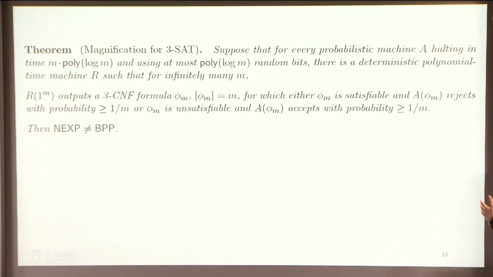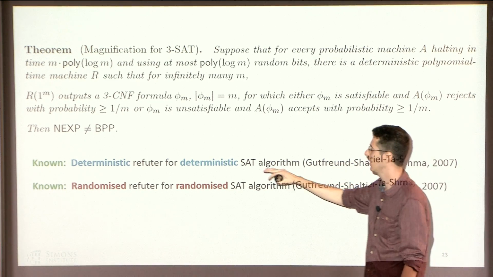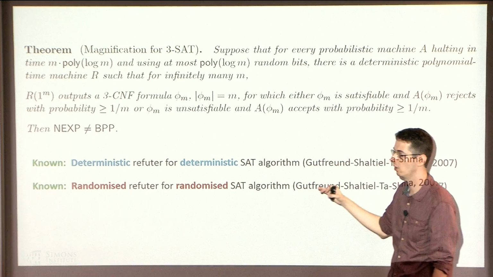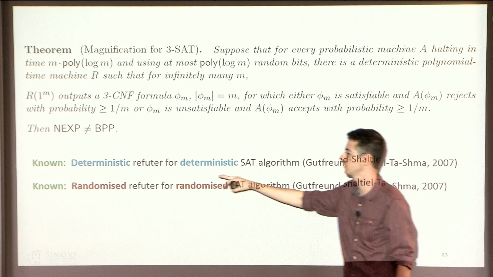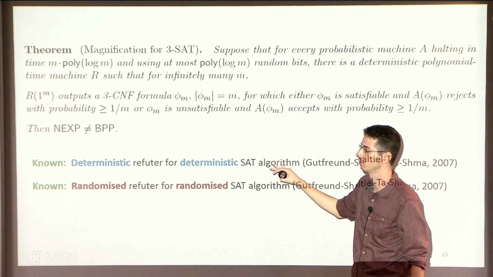So this is a stronger requirement than just saying 3-SAT is not in BP time n to the polylog M. We also need this refuter. Comparing to previous work in this area, if you had a deterministic SAT algorithm, then we know how to build a polynomial time deterministic refuter. This is allowed to run for more time than the SAT algorithm.